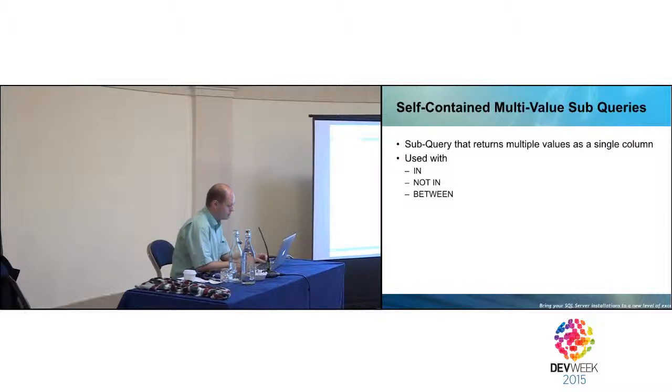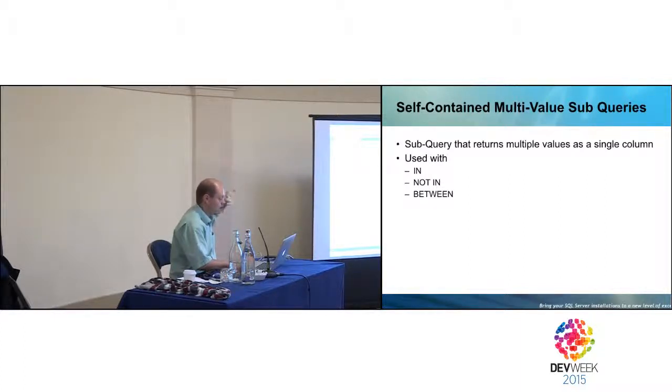So for example, I declare here a variable to get the maximum sales order ID and reference that variable in my select statement. You can make it easier by just specifying the maximum sales order ID in a self-contained subquery.